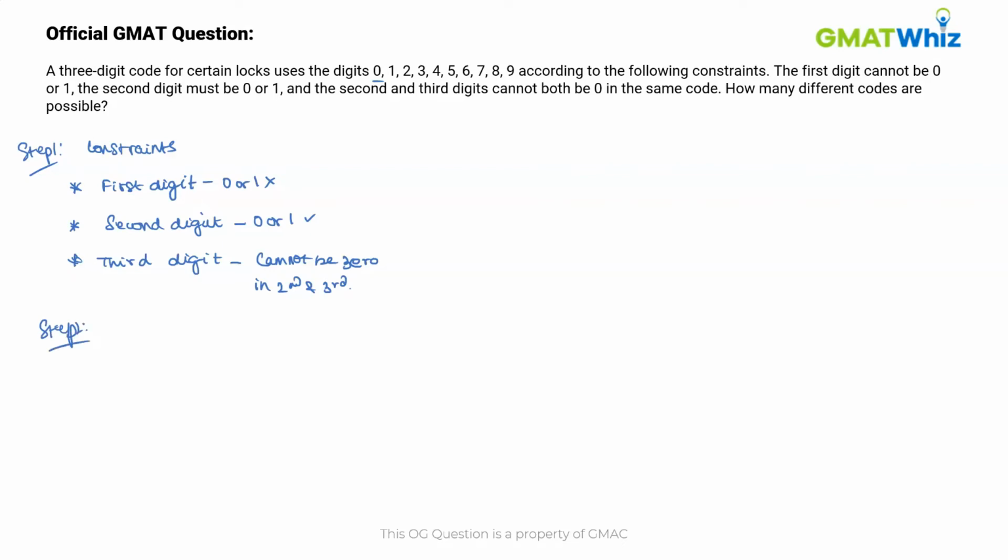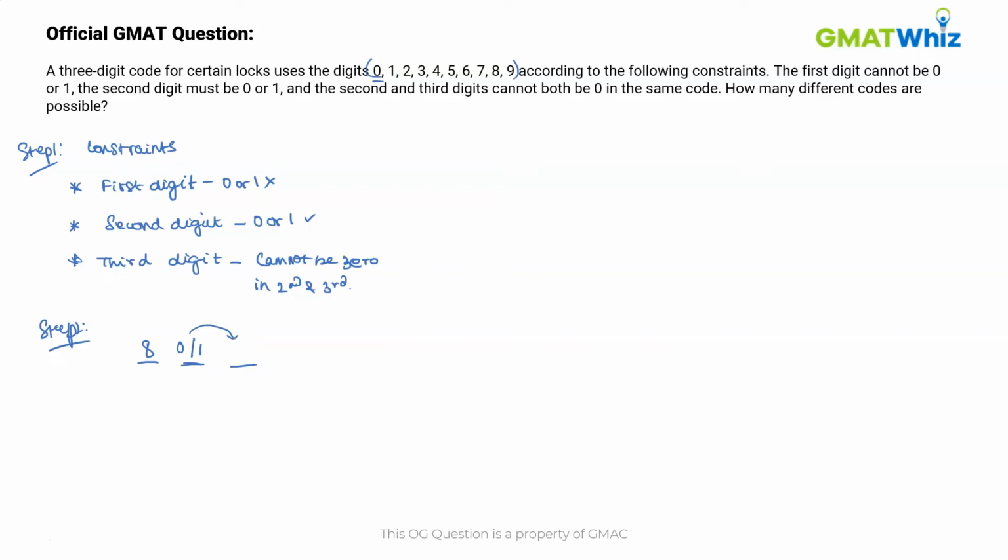Now, let's use the fundamental counting principle to solve this question easily. So, there are 3 digits and we make 3 placeholders for them. Since we have to exclude the digits 0 and 1 from the set of digits available, the first place can be filled in 8 ways. Now, the second place can be either 0 or 1, and depending on the second digit, we have to determine the third digit.